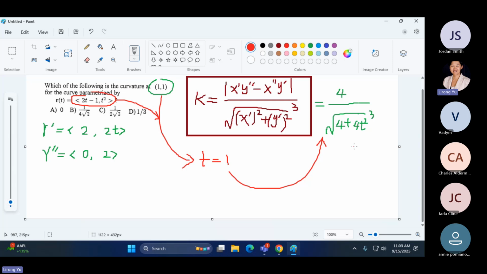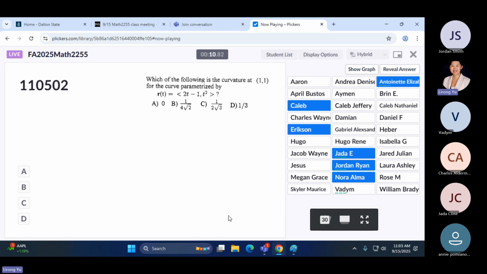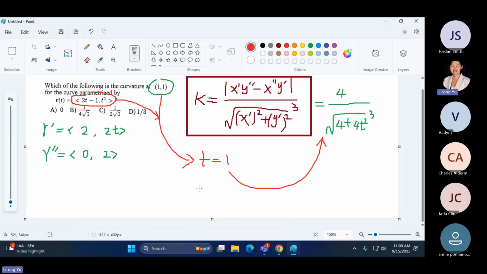Let me go back to the page so you can see whether your answer is being recorded. I'm still trying to write down the equation. Okay, I can go back to the page of the equation. That's the curvature formula on the board. Based on our question, we need to find x prime, x double prime, y prime, and y double prime.